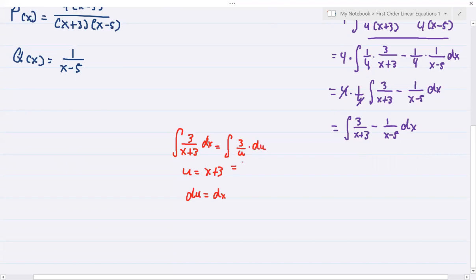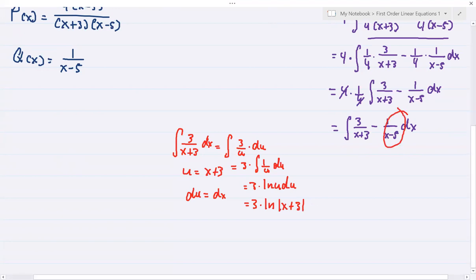So what is the integral of 1 all over u? This is ln of u. And remember that your u is x plus 3. So we will have 3 times ln of x plus 3. So that's how you get it.